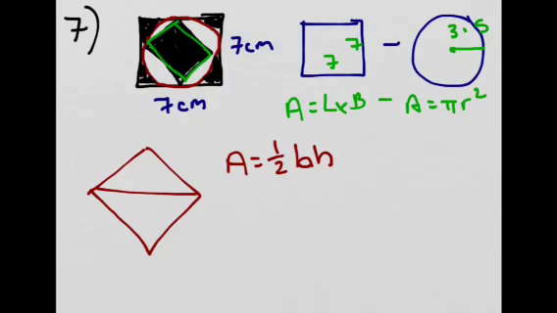The base of these triangles is going to be 7 centimeters because it's the distance right across the circle. To calculate the height, you would have to half 7 centimeters because from edge to edge this way is also 7 centimeters. So to get your height, you're going to half 7 and do your calculations.